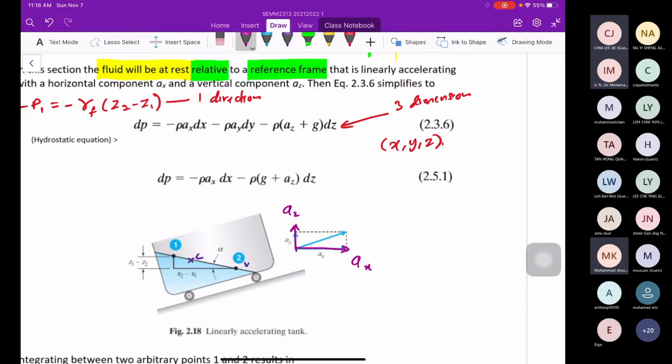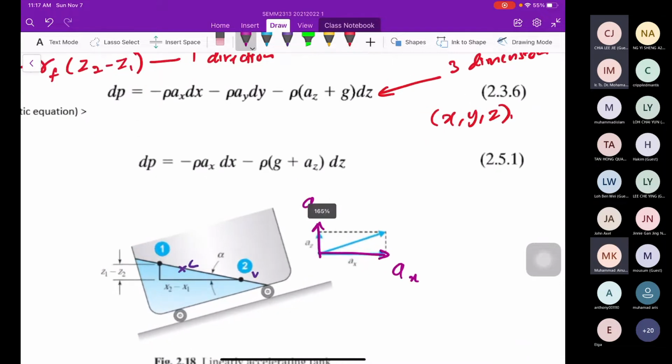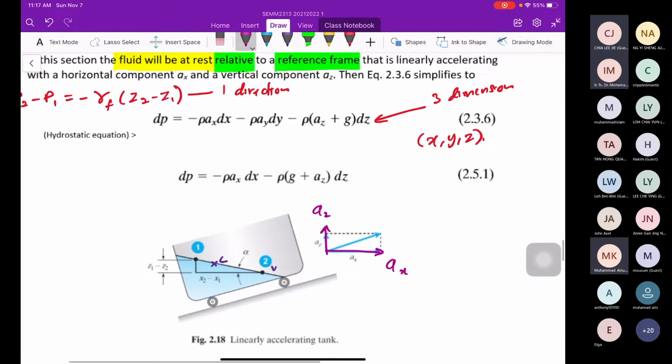There is no Y motion, that means there is no motion into or out of the page. The motion into and out of the page is 0. We don't consider it, so we can cancel the Y direction, equal to 0. Then the equation becomes this equation.